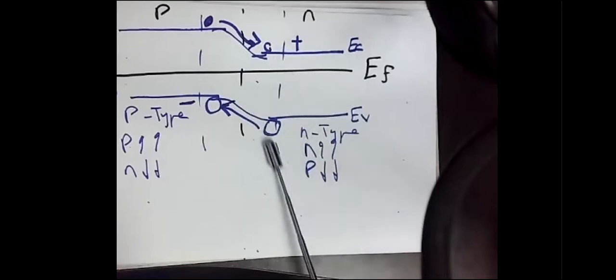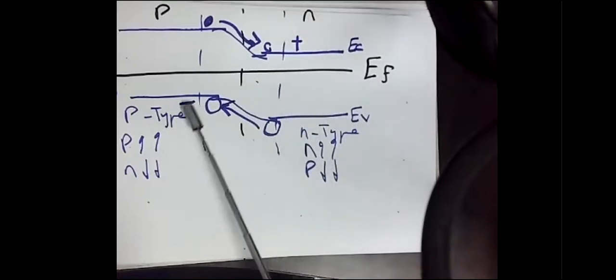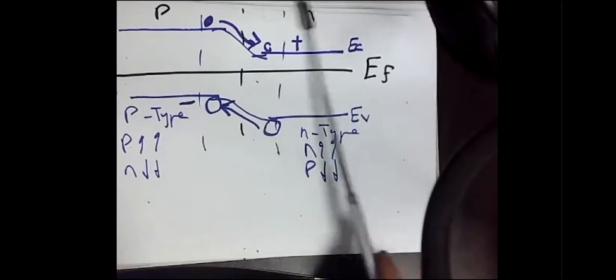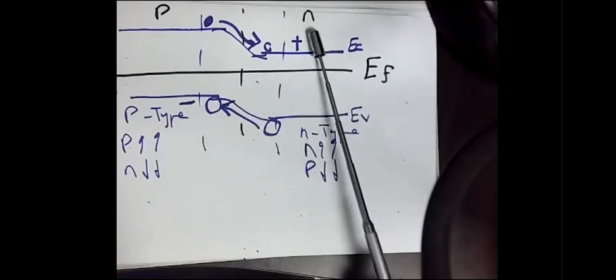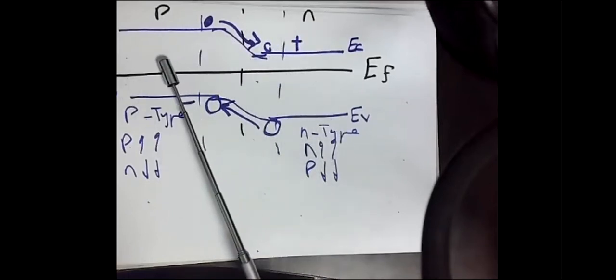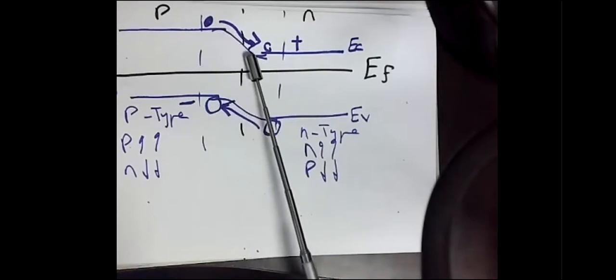Because here you have a huge number of electrons, and here you have a very small amount of electrons. So based on the diffusion theory, electrons will diffuse from the higher concentration to the lower concentration. So this diffusion current will work against the drift current.